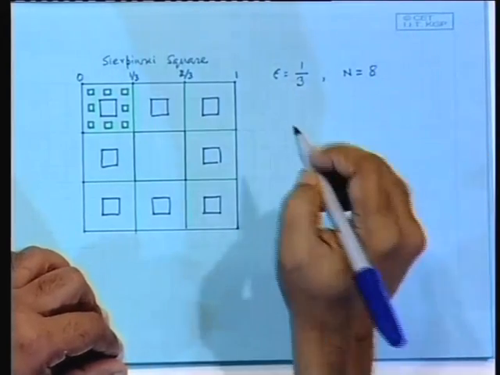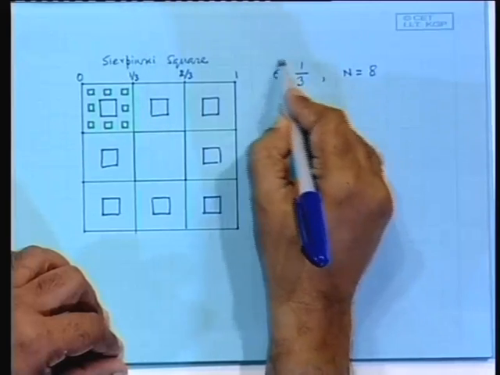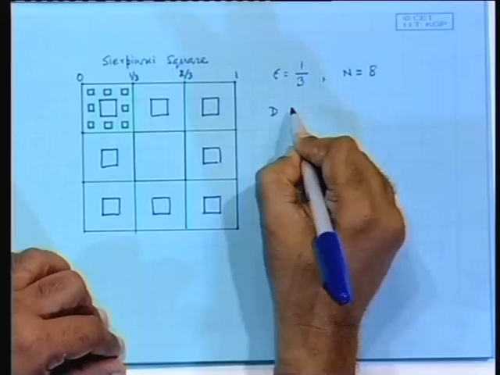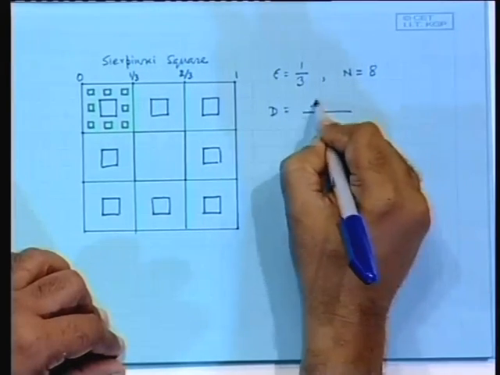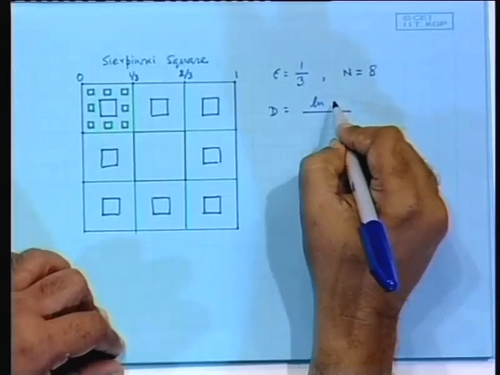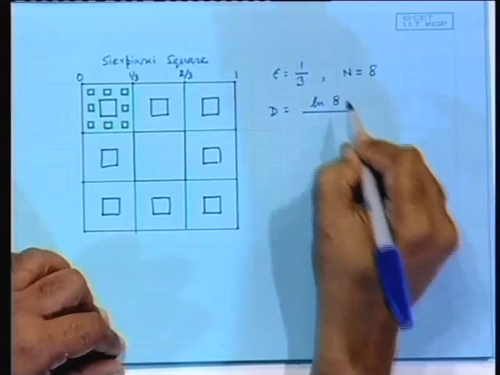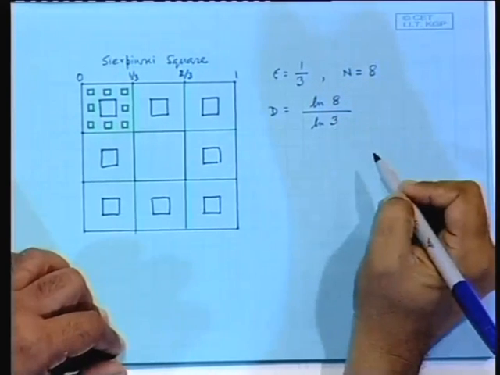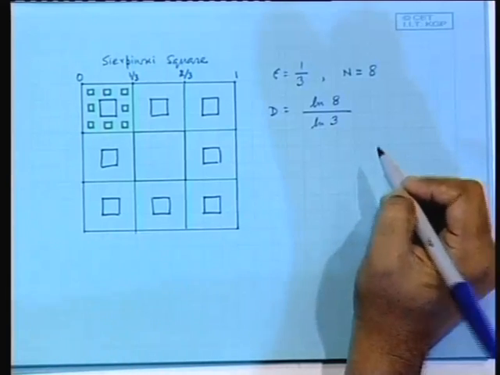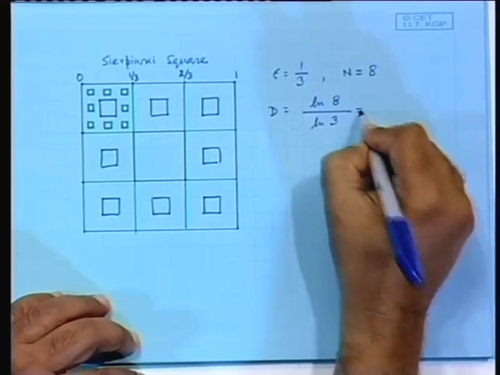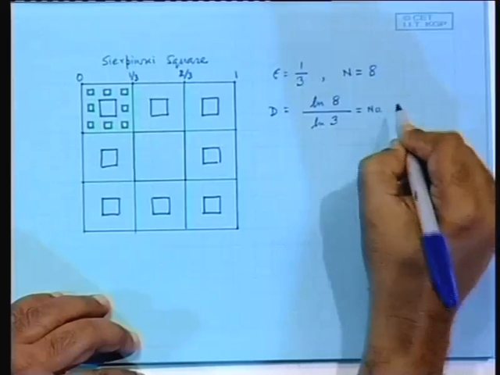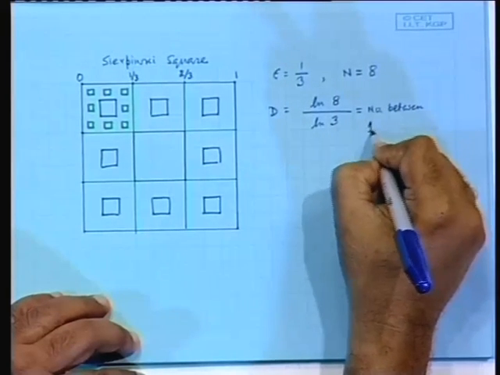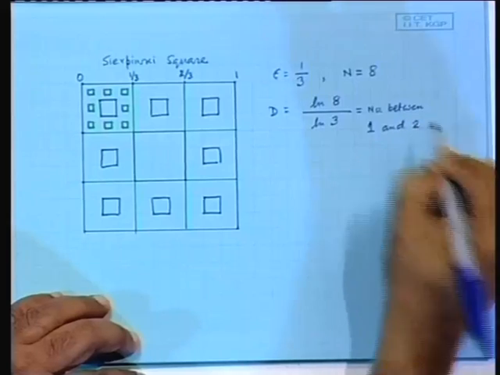So, at that stage, that means when epsilon is 1/3, what is the value of the dimension? Dimension is ln n of epsilon, which is 8, by ln 1 by epsilon, which is 3, right. So, we have a number that is between 1 and 2.